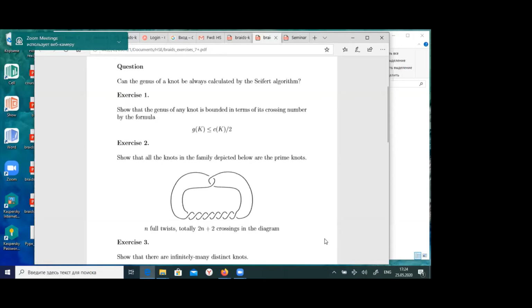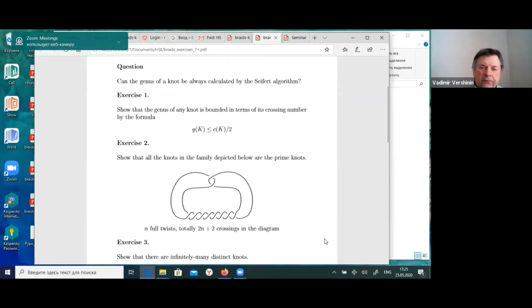And yes, this genus is one, and then we have prime knots. Right. We have that because the genus is one, it cannot be divided. So we have prime knots. Very good.